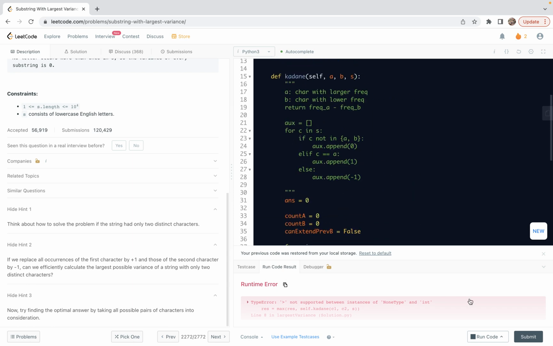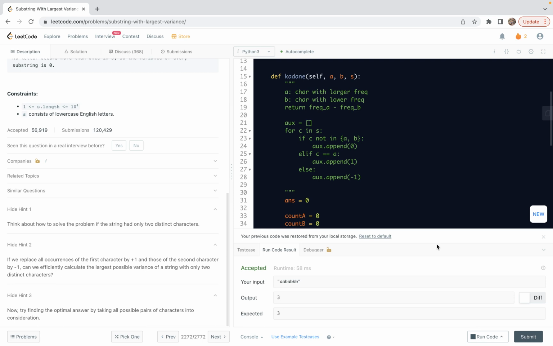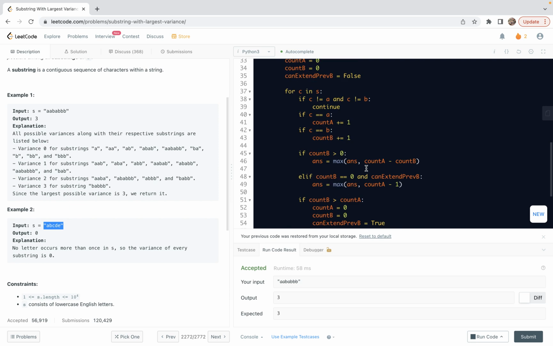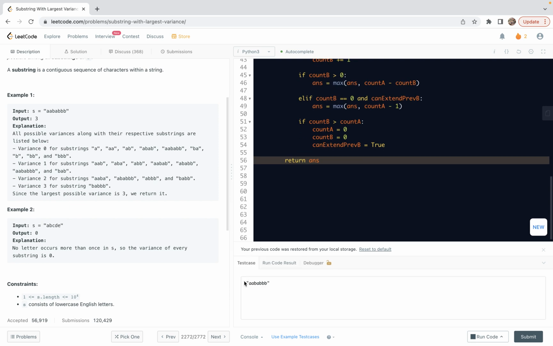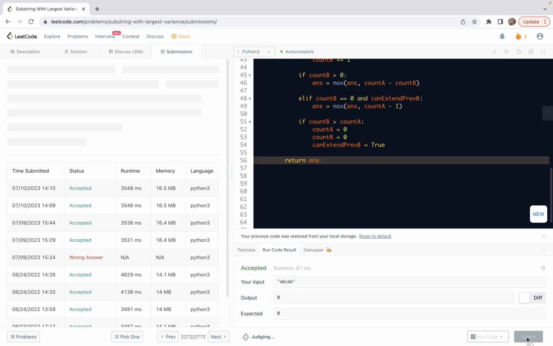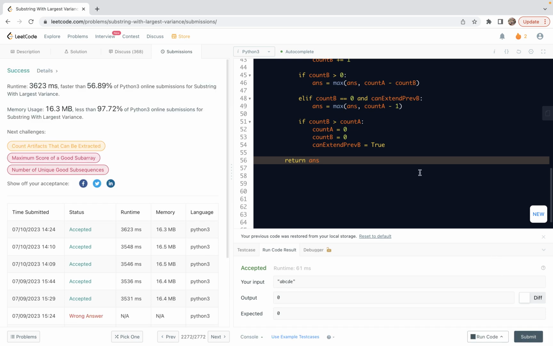Now let's test again. Yeah, it passes the first example. Now let's look at the second example. Yeah, it passes the second example. Now let's do the submit. Yeah, it passes all the cases.